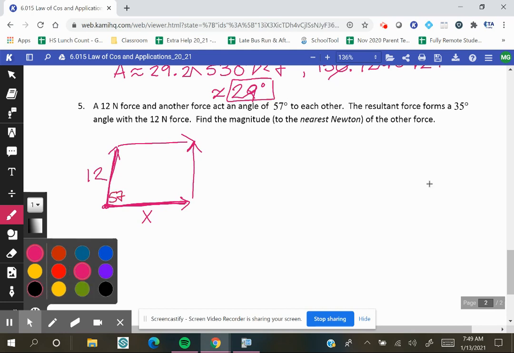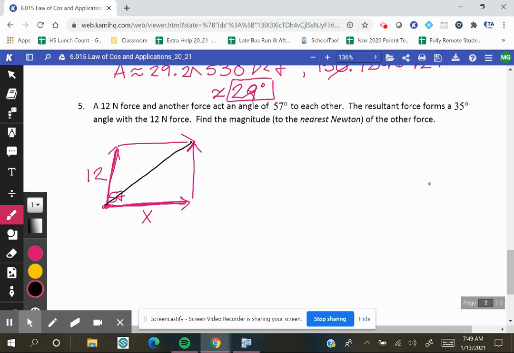The resultant, remember, goes bottom left to top right, is the diagonal, forms a 35 degree angle with the 12 Newton force. So read that again. The resultant forms a 35 degree angle with the 12 Newton force. So this angle up here is 35, which means this angle down here must be 22 if the entire angle is 57 degrees.